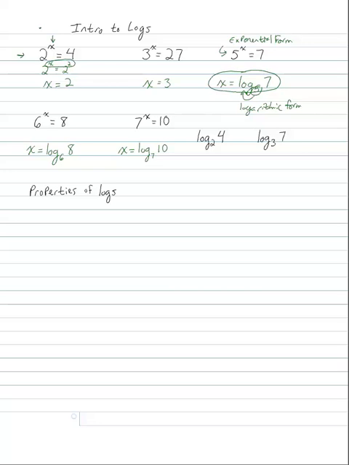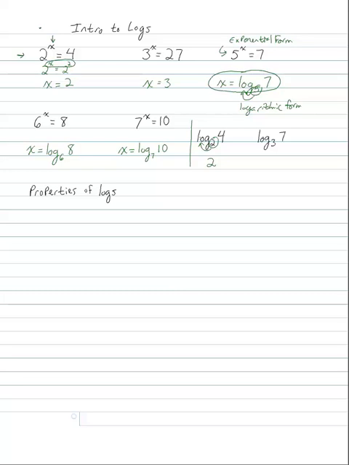If I have a log in logarithmic form, I can see if I can simplify. If I have log base 2 of 4, this reads 2 raised to what power gives me 4. So log base 2 of 4 would just be 2, because 2 raised to the second power gives me 4.